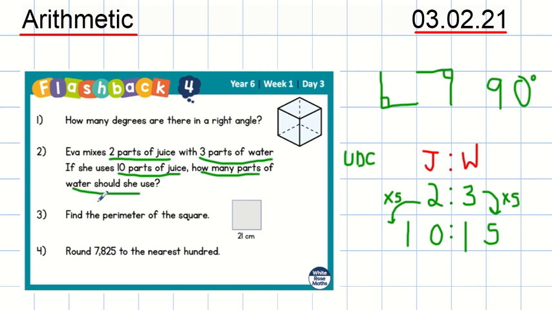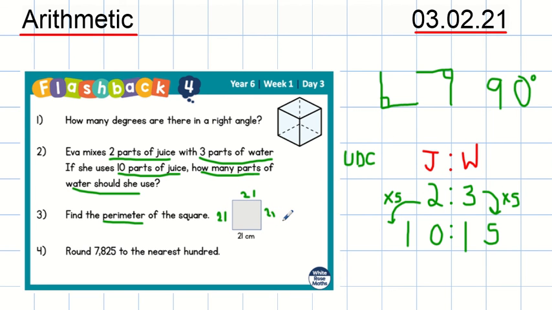Okay, question number 3 then. Find the perimeter of the square. Now you'll remember that perimeter is the distance around the outside of a shape. Now I know a square has equal lengths on all 4 sides. So therefore this side is also 21, as would this side be, and this side.